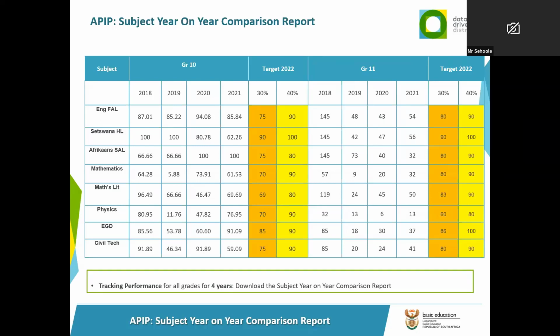Even if not all of them can go to TVET colleges, we must also have learners who are going for higher education at Wits University or maybe different universities. Let me put it like that.